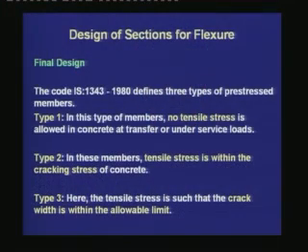And the third type is type 3, where we allow cracking, but here the tensile stress is such that the crack width is within the allowable limit. That means, although we allow cracking, we limit the crack width to a certain value so that it does not disrupt the serviceability conditions of the prestressed member.